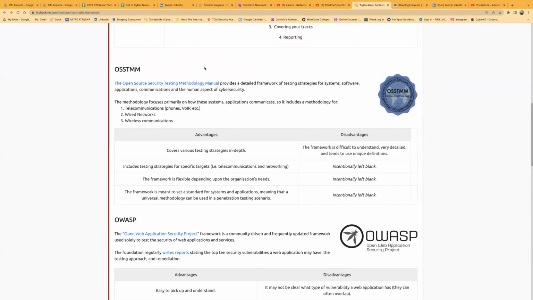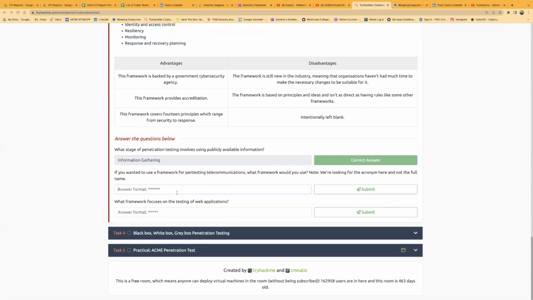This framework has different testing strategies for when a penetration tester is working on systems, software, and communications. A lot of the methodologies and stages focus on these primary systems. So look at that, telecommunication. They wanted the abbreviation, so OSSTMM. We can just copy it. Boom.